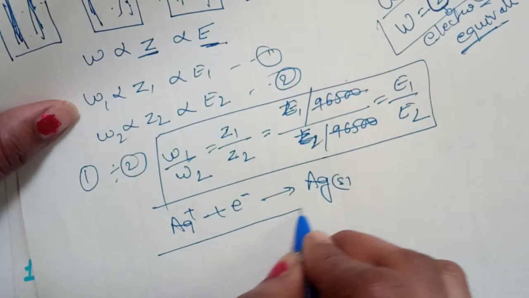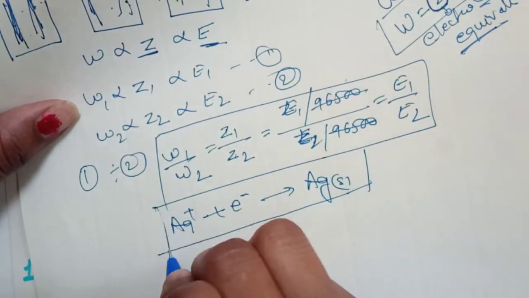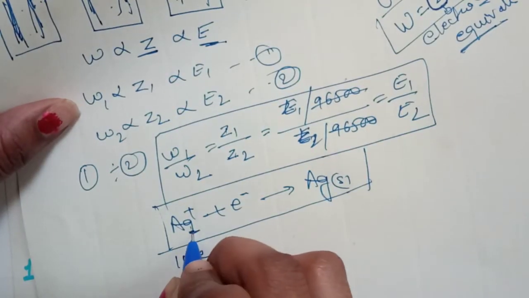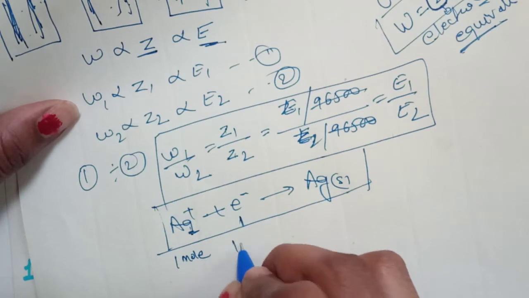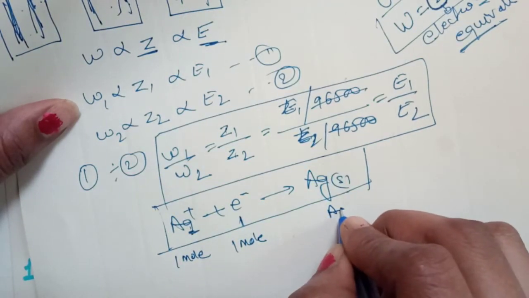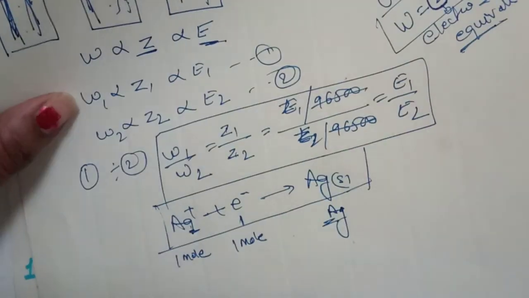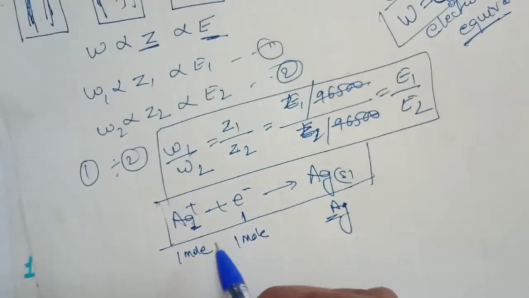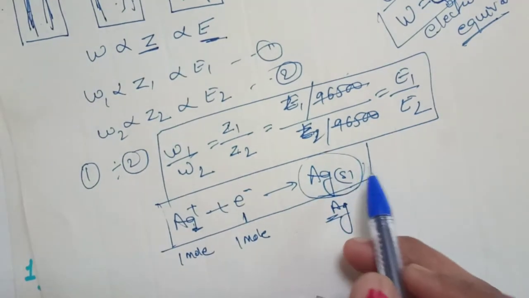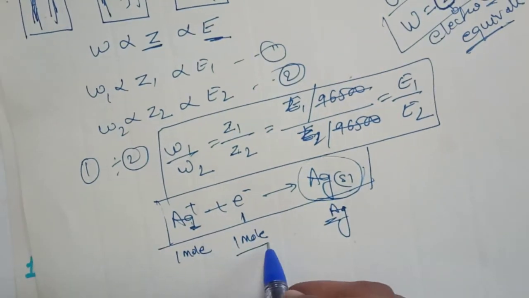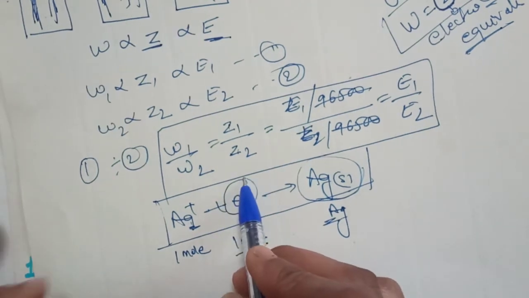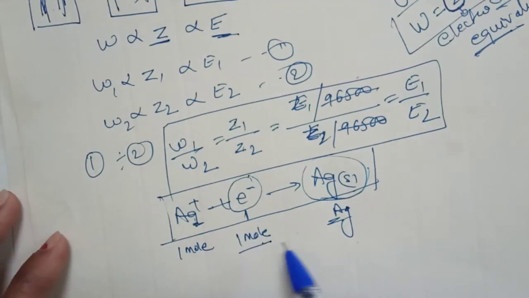According to the stoichiometry of this equation, 1 mole of Ag plus is reduced by 1 mole of electrons to make 1 mole of Ag. So we can say that 1 mole of Ag is obtained by 1 mole of electrons. Electrons means charge.